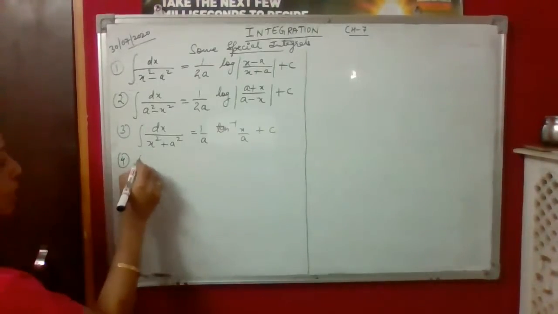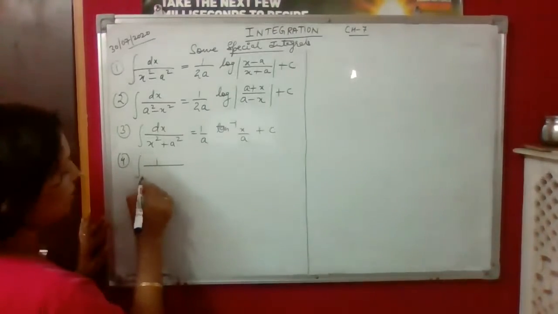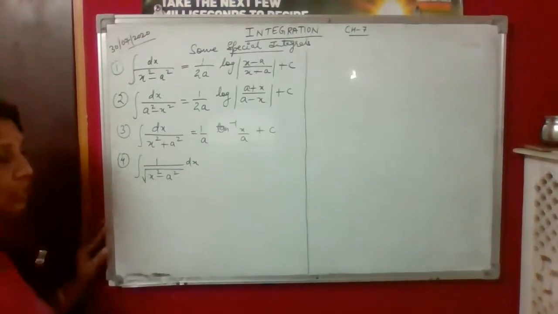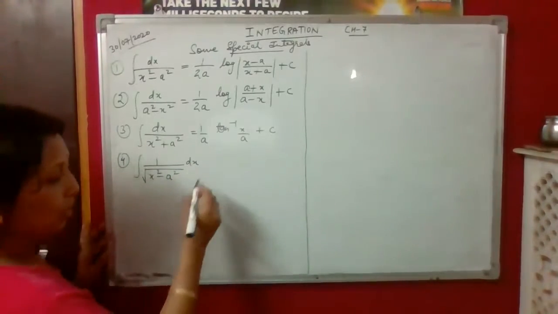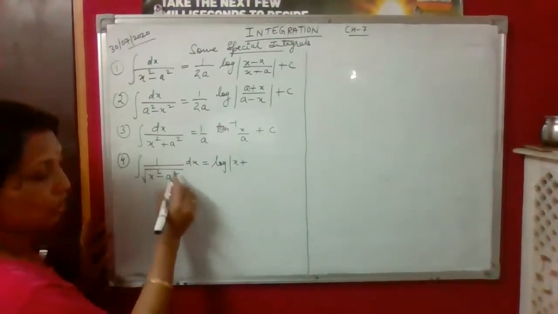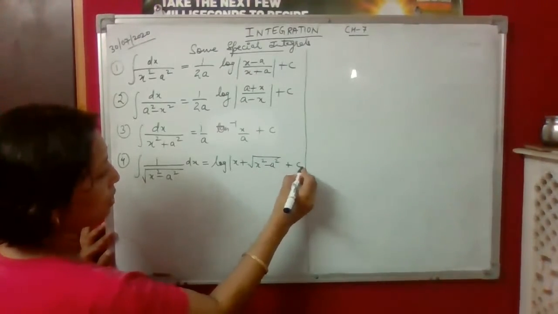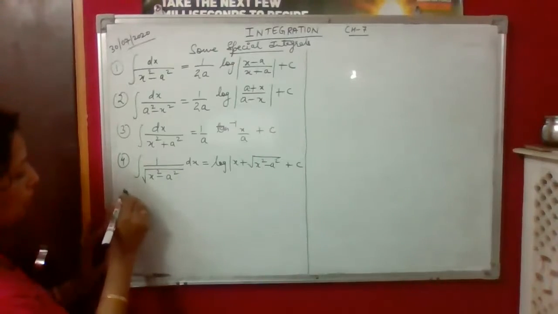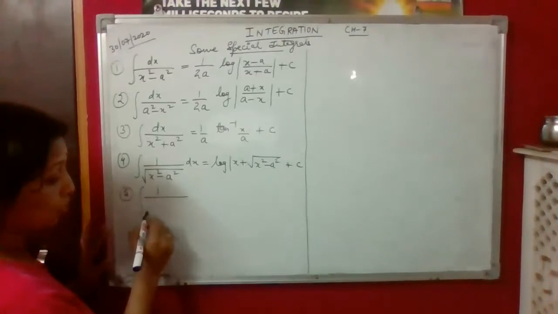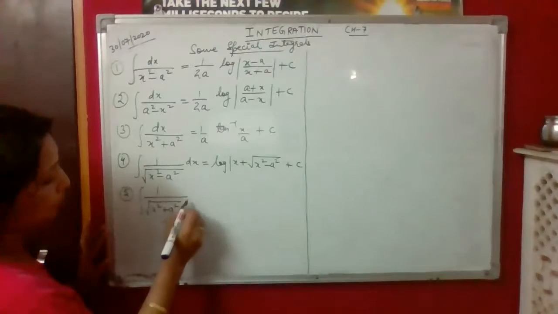Then the second set includes the integrals where we have an under root sign in the denominator. That is 1 upon under root x square minus a square dx. This is log of x plus the same function, under root x square minus a square, plus c. Then the next one is 1 upon under root x square plus a square dx.